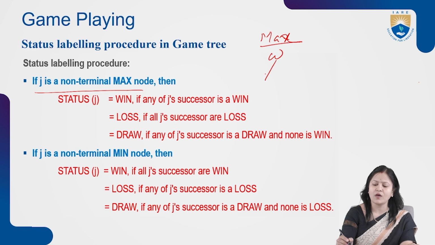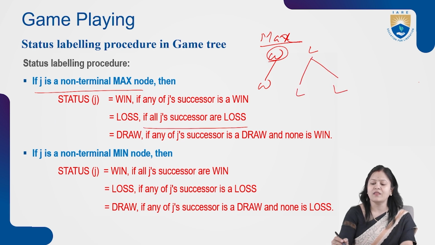That means if any one of the successors of the child is win, then this max node can be represented as win. Then when can we write L? If all the J's successors are lost. That means if both the successors are L, then in that case we can write the node as L.